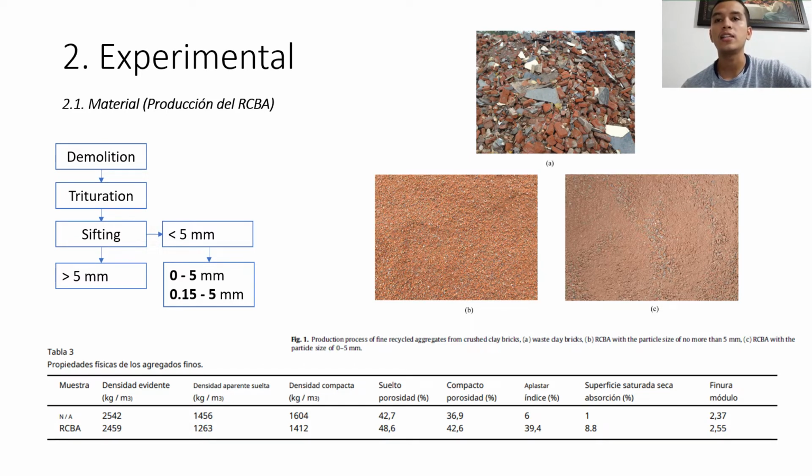For A, it's a demolition. For B, it's RCBA. A are particles greater than 5 mm, and B are particles of 0 to 5 millimeters.